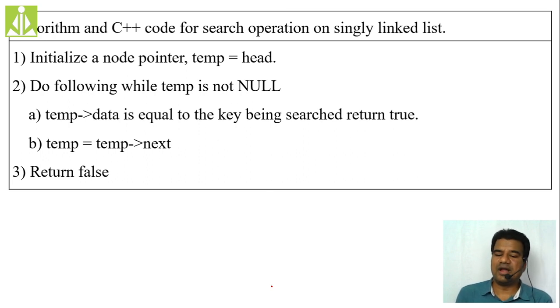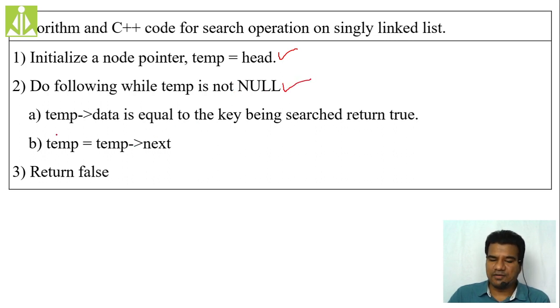So do the following: while temp is not null, if temp of data equals the key being searched, then return true. If it is not, simply move to the next node. That is what I am saying here. First we make temp as head. We take a temporary pointer and make it head, and we run a while loop till the temporary pointer becomes null.